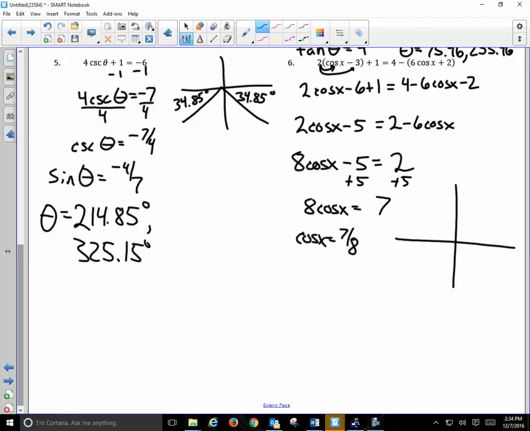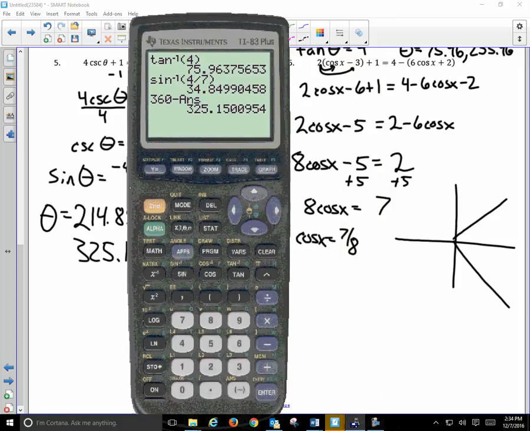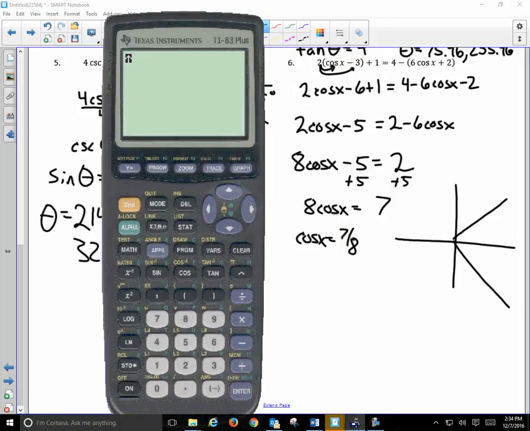Cosine is positive in which quadrants? 1 and 4. 28.96.